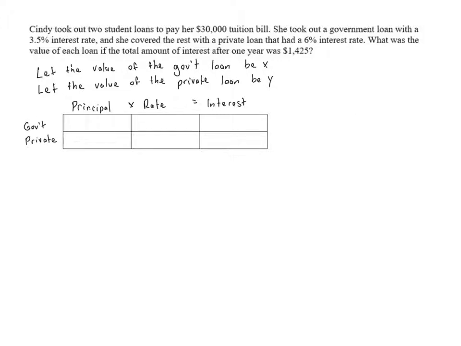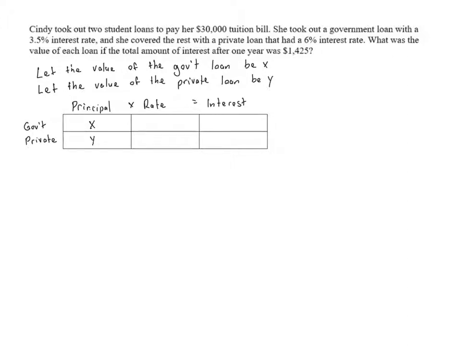Now, in the last problems, the principal was the original amount invested, but in this case, it's the amount borrowed, or the value of the loan. So in this case, that's going to be x, because we said that the value of the government loan was x. And then the private loan has a value of y, or a principal of y. So we're going to put that down below.